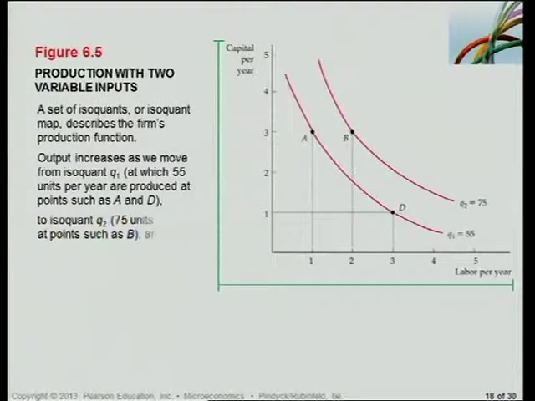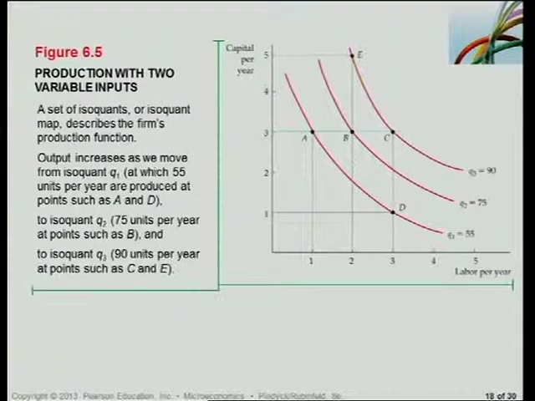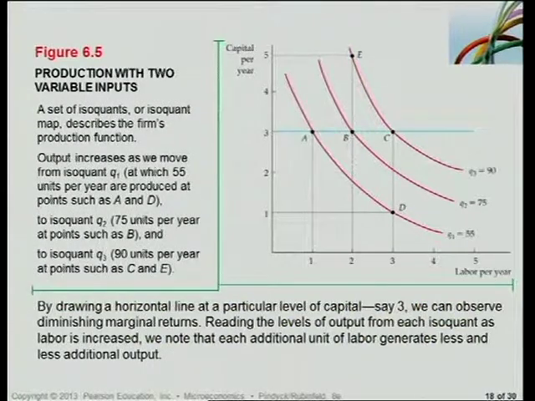Okay, figure 6.5 describes production with 2 variable inputs by using a set of isoquants, or you will see an isoquant map here. I won't ask you to draw this diagram, but because now we're on the supply side of the economy, it's a question of input. What is a production function?